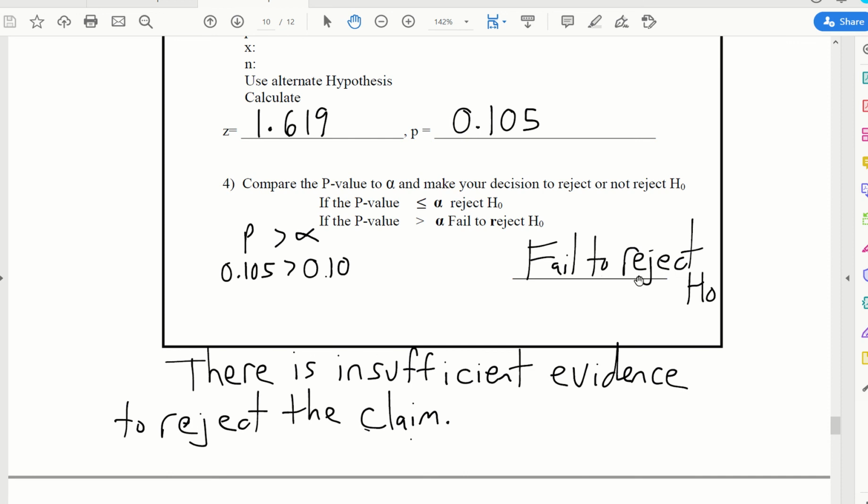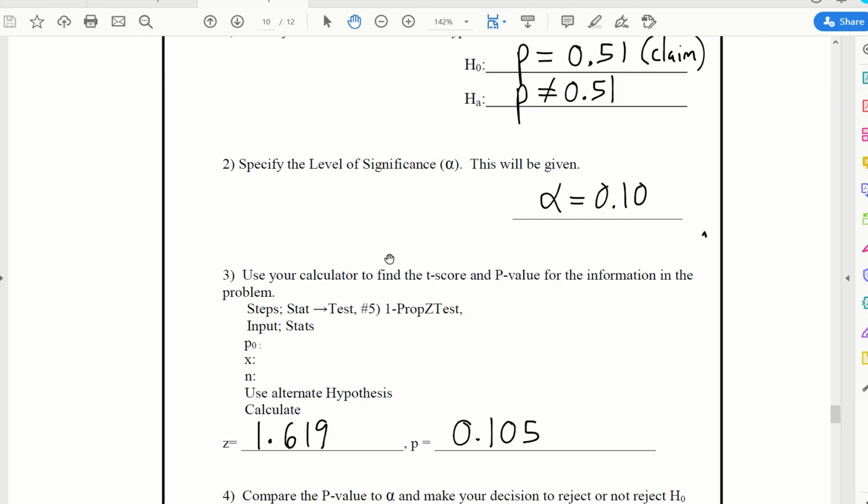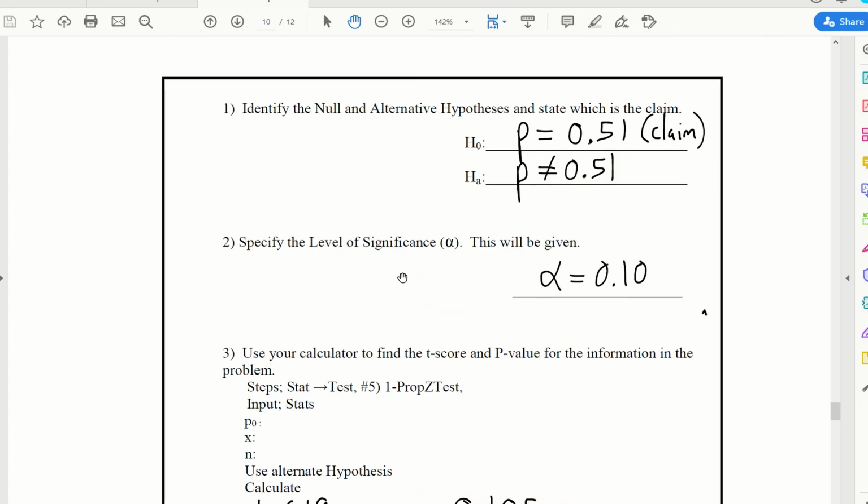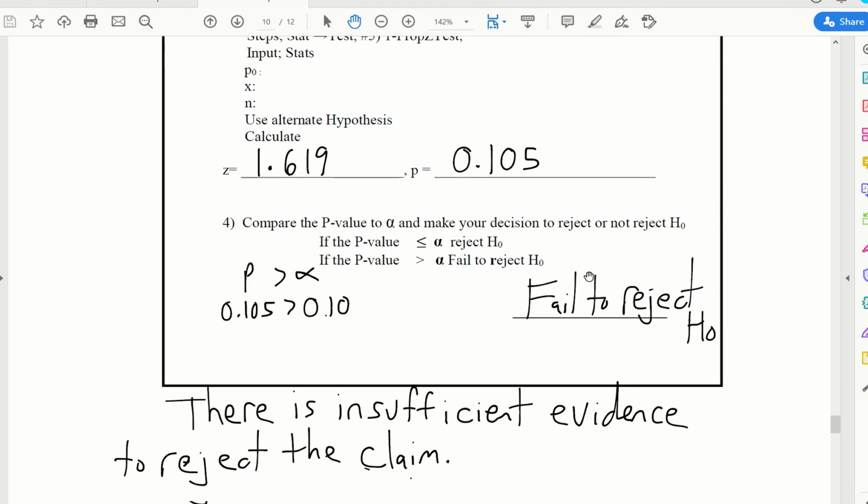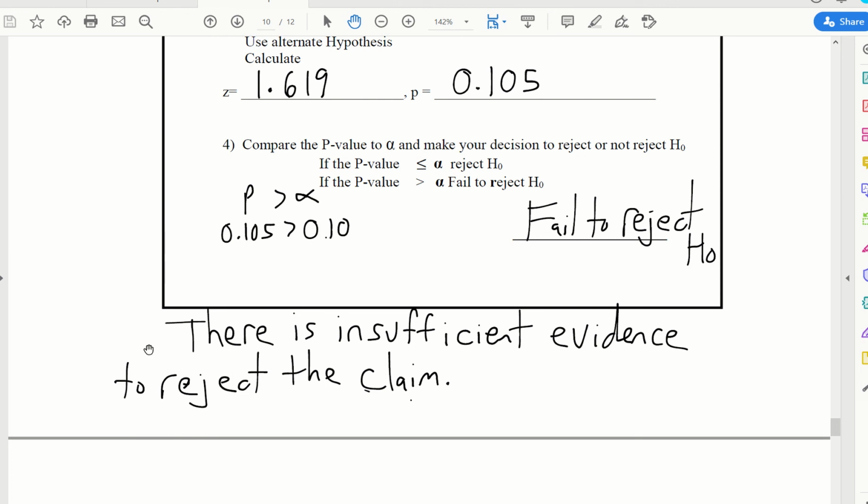In terms of our write-up, whenever we fail to reject, the sentence begins with, there is insufficient evidence to, and now we check which hypothesis was the claim. Because the claim was the null, it will always be of the form to reject the claim. So there is insufficient evidence to reject the claim.